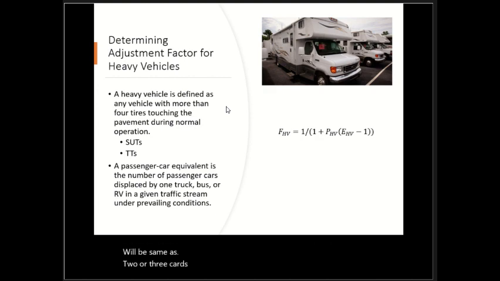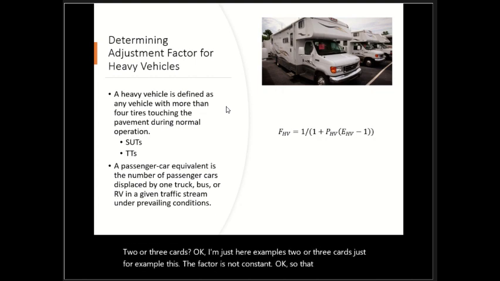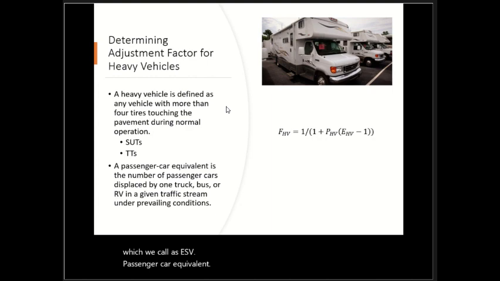I'm just giving examples. 2 or 3 cars is just an example. The factor is not constant. That is the effect which we call EHV, passenger car equivalent. So one heavy vehicle is equal to how many passenger cars in terms of traffic flow? Clear?